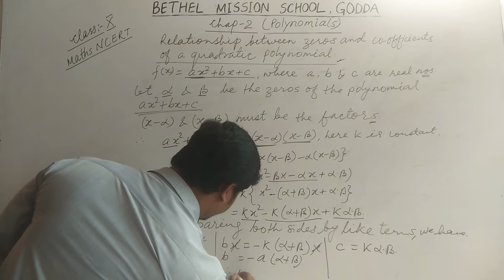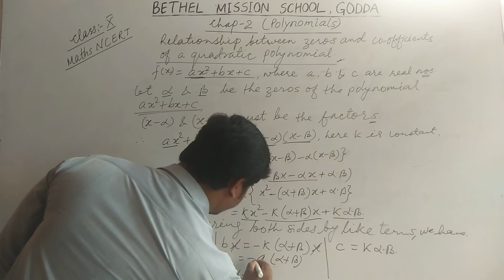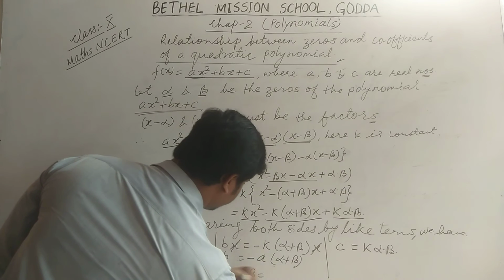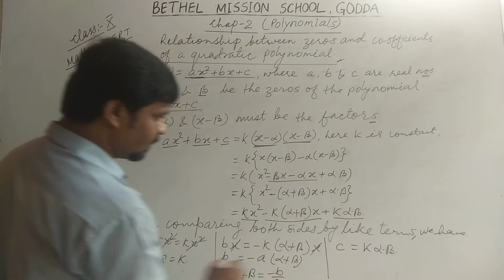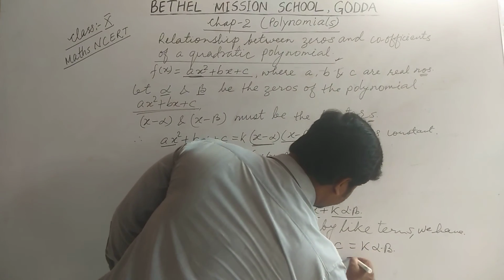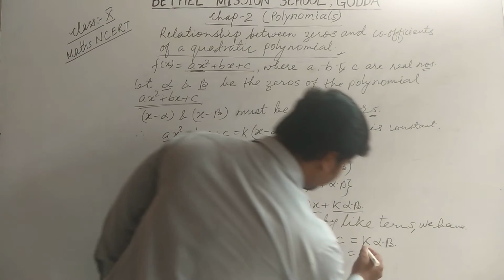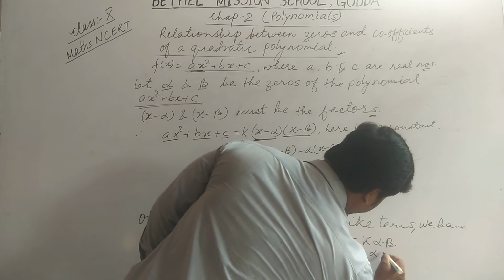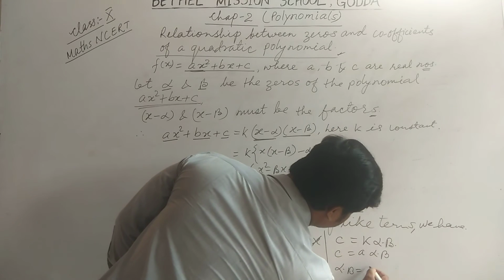Therefore alpha plus beta equal to, bringing minus a to this side, minus b by a. And here c equal to k alpha into beta, k also replaced by a, a alpha into beta, therefore alpha into beta equal to c by a.